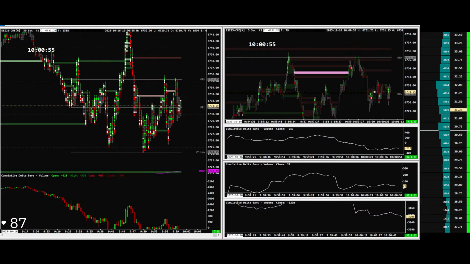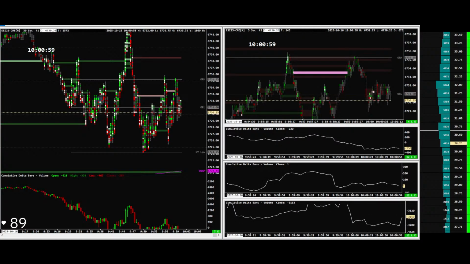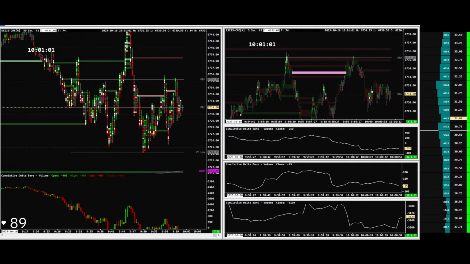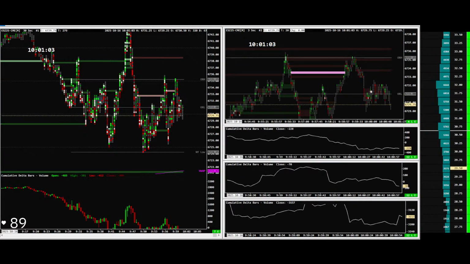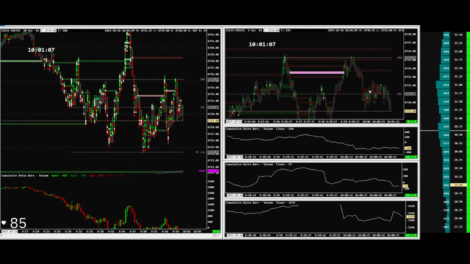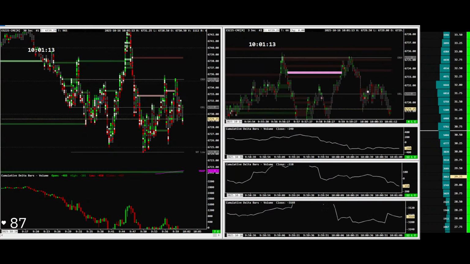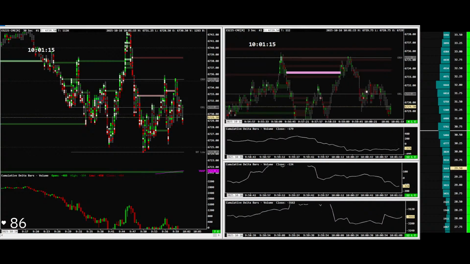The average rotation before it flips red to green on the 30-second is 340 contracts. So if we're looking at shit at about 1,000, that's an outlier. That's a third deviation move. That's third deviation volume. That was a big move.